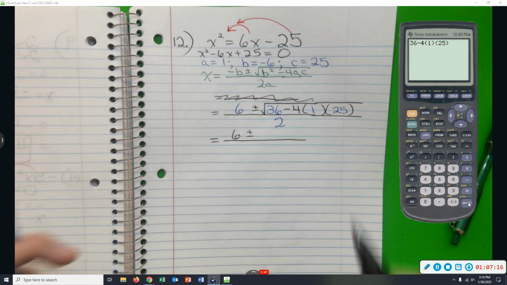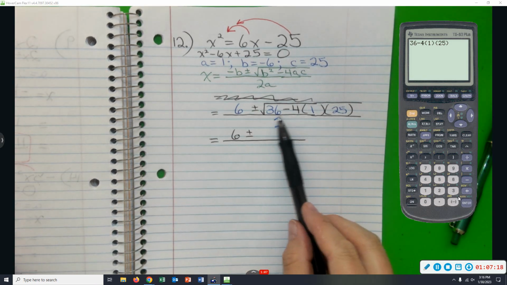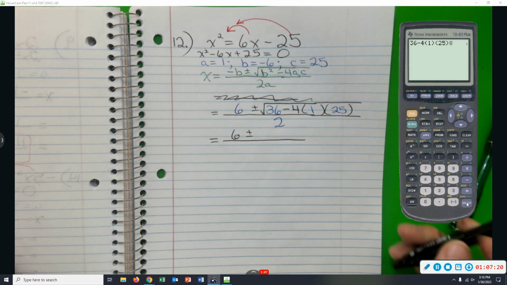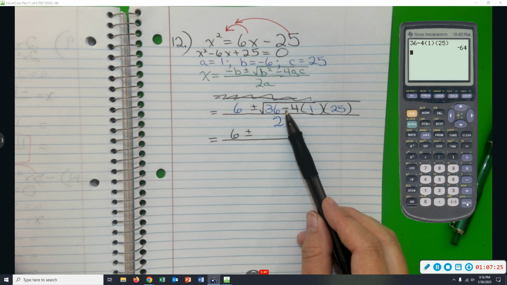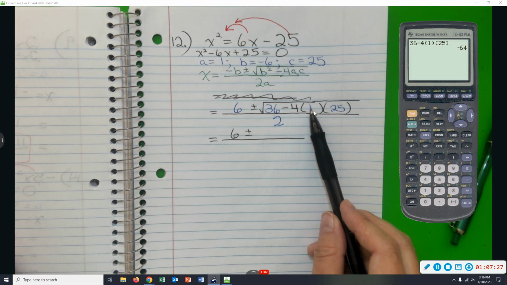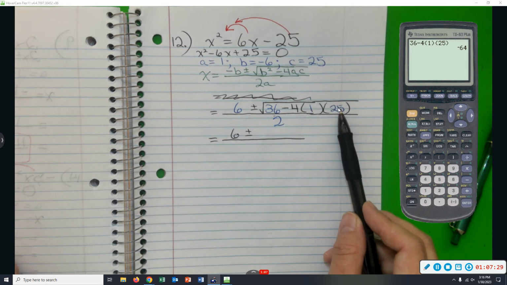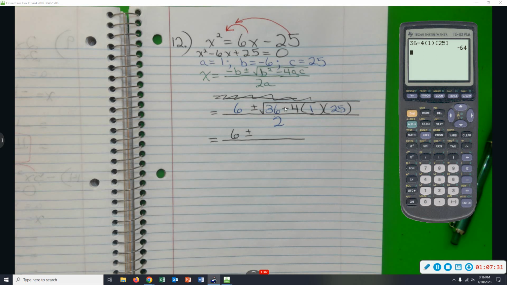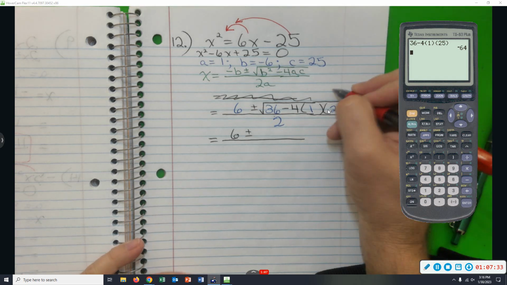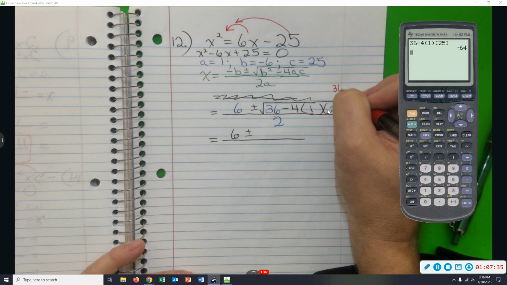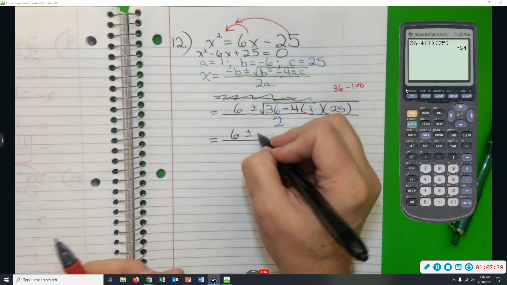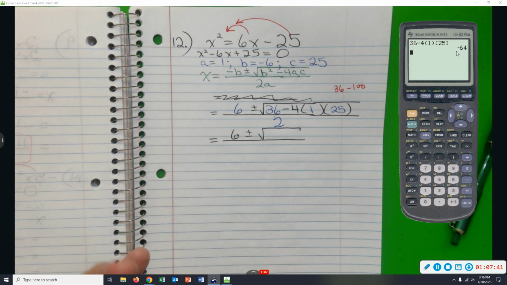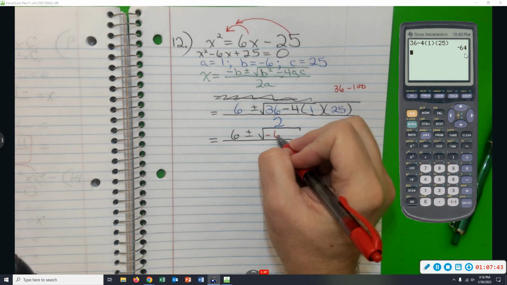So we have 6 plus or minus. What are we going to have underneath the square root? We have 36 minus 4 times 1 times 25. That's 36 minus 100, which gives me a negative 64.